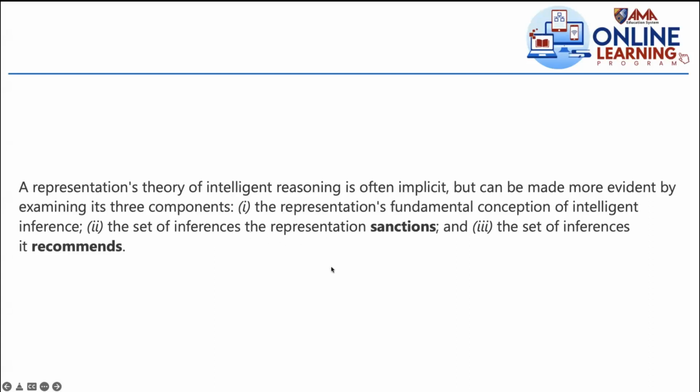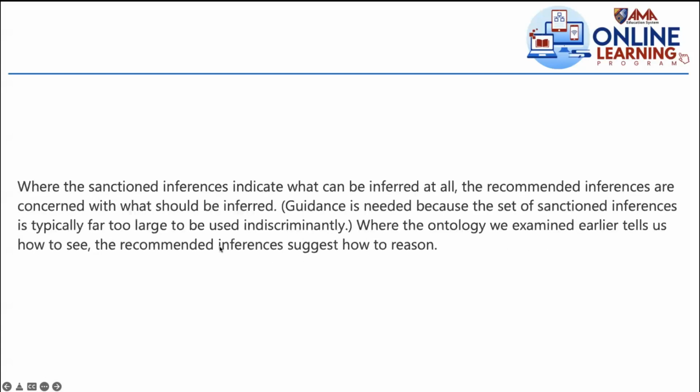Then out of those sanctioned inferences, how will you get the recommended inferences? Okay, so guidance is needed because the set of sanctioned inferences is typically, as I mentioned, far too large, so big data to be used indiscriminately. So the ontology we examined earlier tells us how to see, meaning when you select what technique, that's how to see.